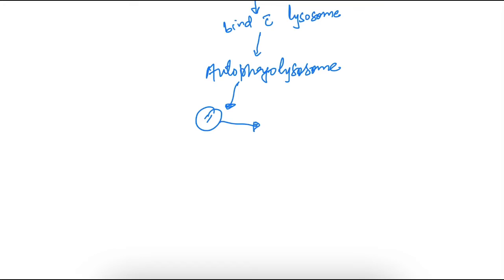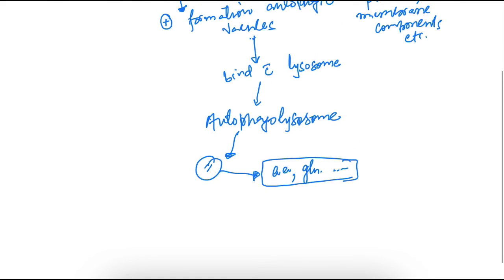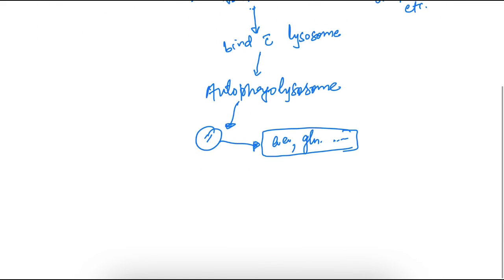That leads to the enzymatic degradation of these proteins, carbohydrates and membrane compounds, leading to the formation of amino acids, glucose and free fatty acids, etc., which act as nutrients for the cell in these starvation conditions.